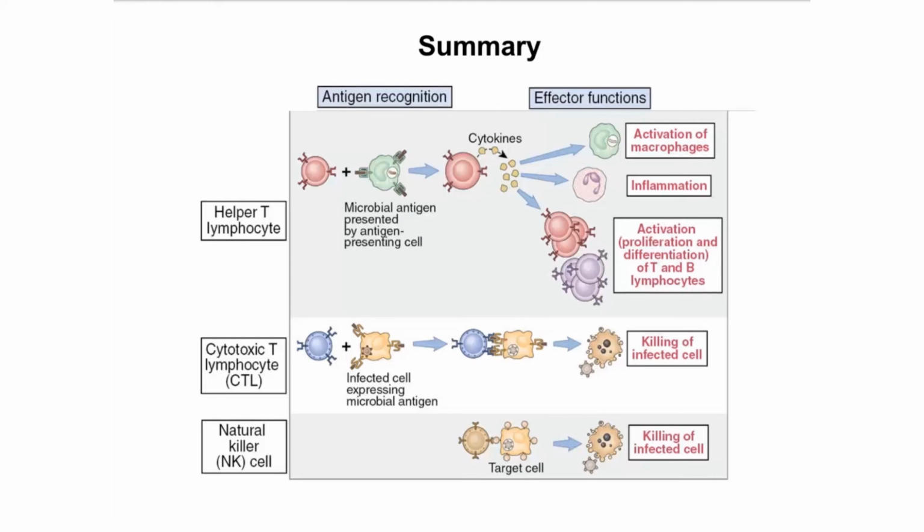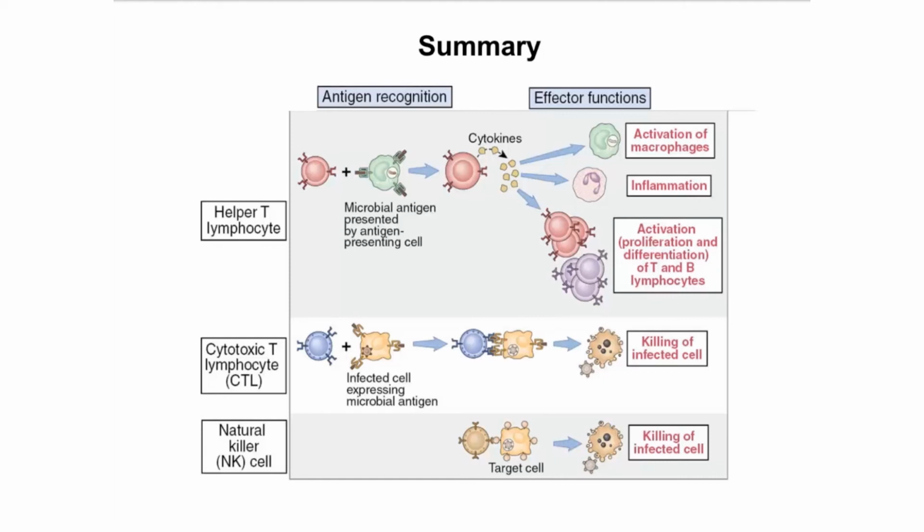Now, why wouldn't cytotoxic T cell killing and NK killing be enough by themselves? Well, there's actually one virus that's figured out a way around both killing mechanisms. This is not in the notes, but I got to tell you the story because it's just too good a story to pass up. Cytomegalovirus, which is one of the herpes viruses.